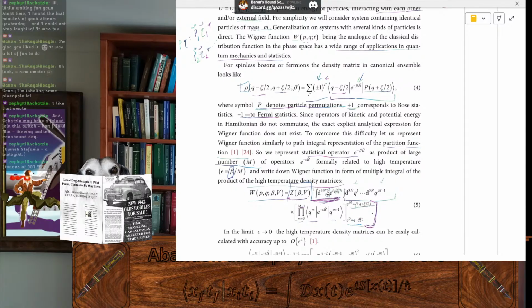We have our product of a large number, so it represents this statistical operator as a product, right? So because beta is a function of temperature and that's a statistical property, we're going to talk about the quote-unquote temperature of each individual particle, and then we're going to integrate over all those particles, right?